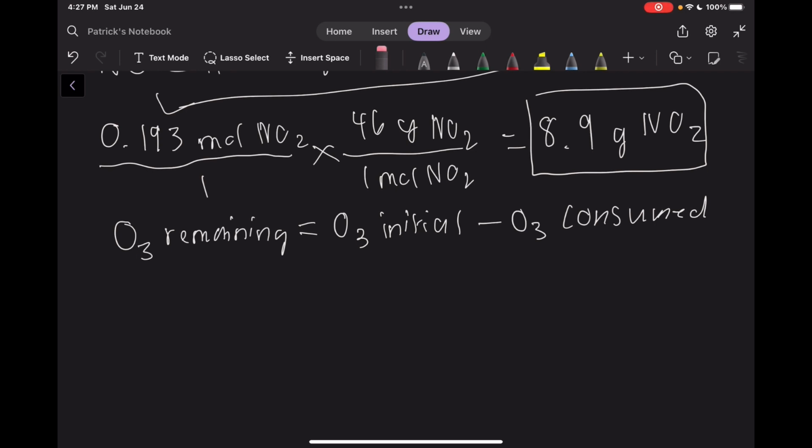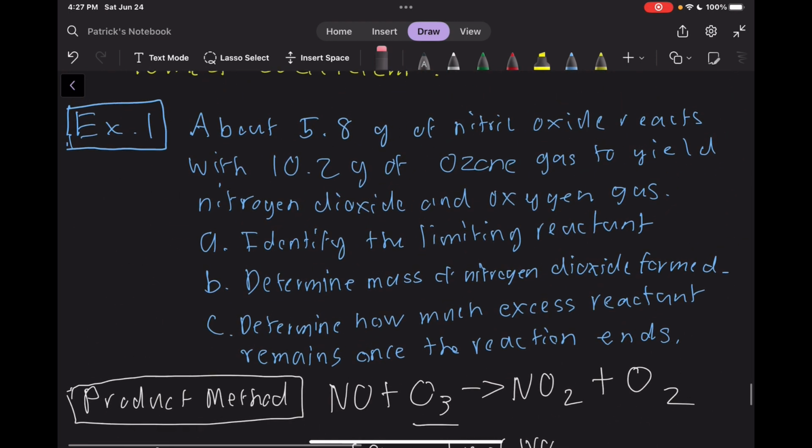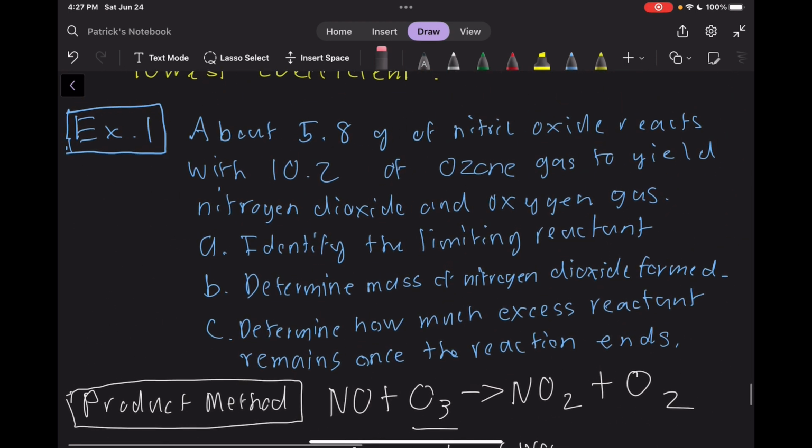Let's start with the initial amount. We know that we begin with 10.2 grams of ozone.